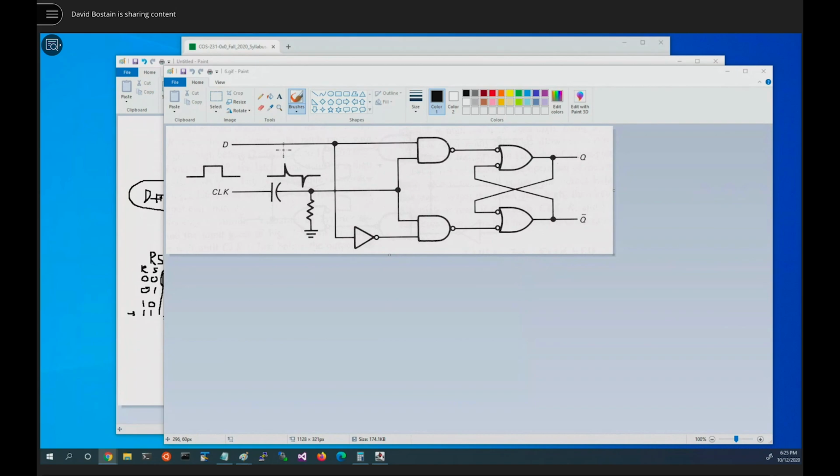So if we think about how this is working, the value of D here is given to the two blocking AND gates, and it's given to them in its D form and also in its inverted form.